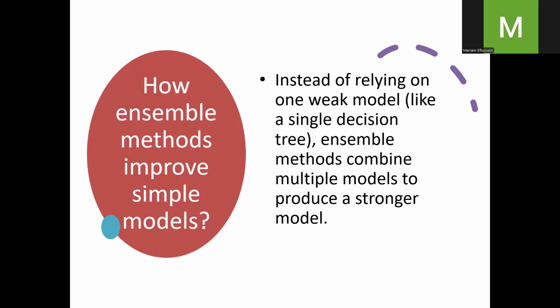So what is the idea of an ensemble? First of all, the word ensemble means a collection, a group. Ensemble methods have been introduced so that instead of relying on one weak model, one single decision tree, an ensemble model would combine multiple models, which would produce a better or stronger model.